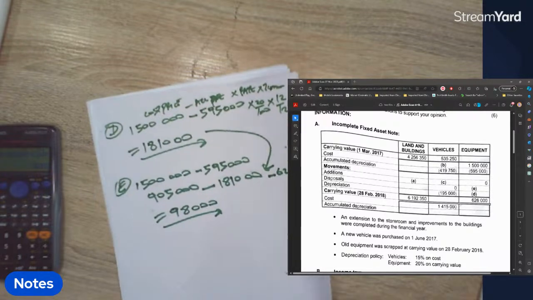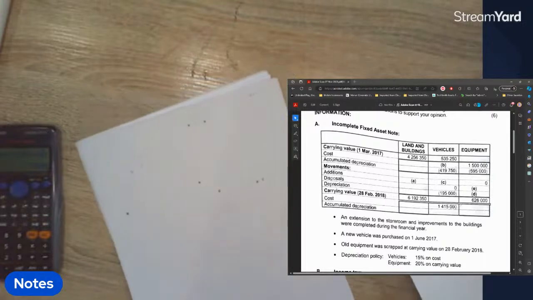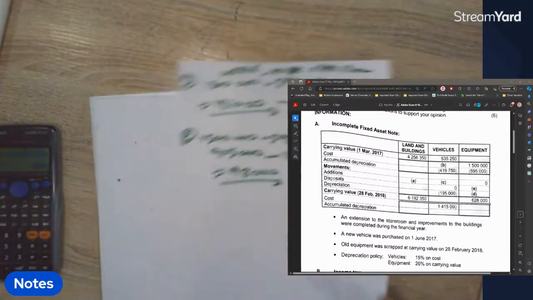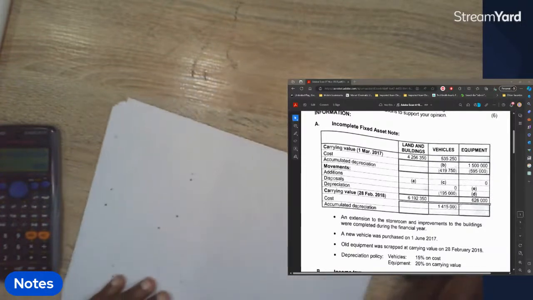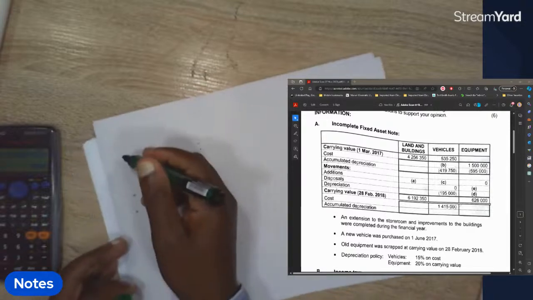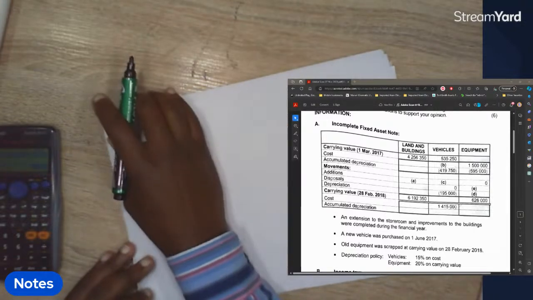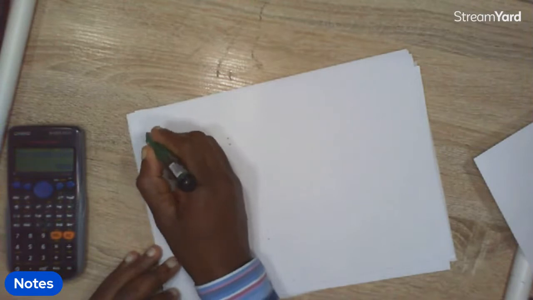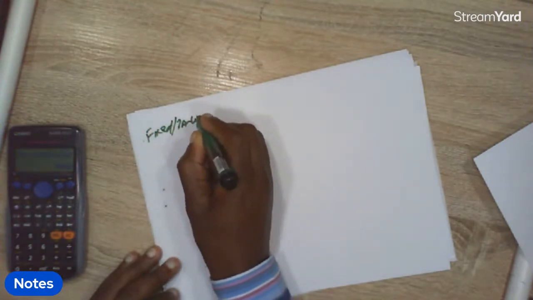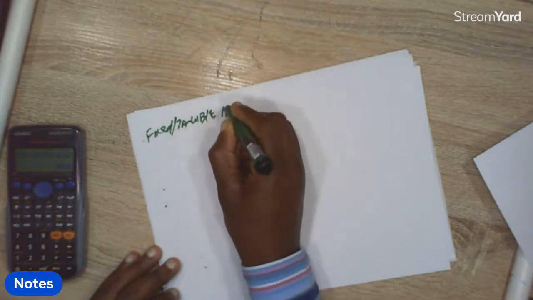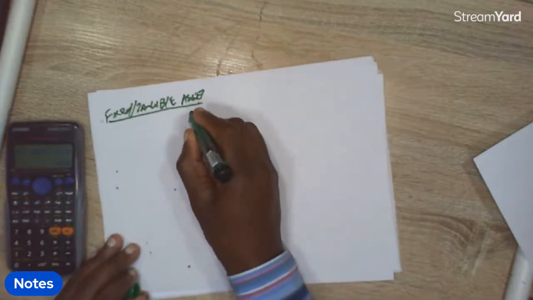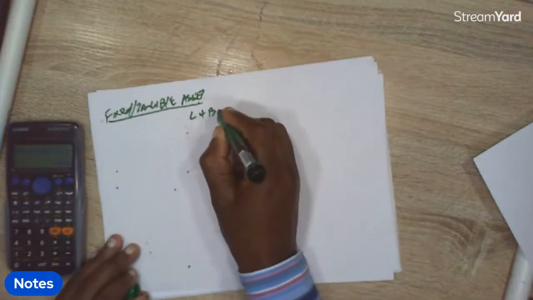Remember grade 12, what we are doing here is this. Okay, let me go back quickly, before I go back to what we were doing. Remember, this is note number 3, fixed or tangible asset, as you see on the table. So what is happening here? We have land and buildings.